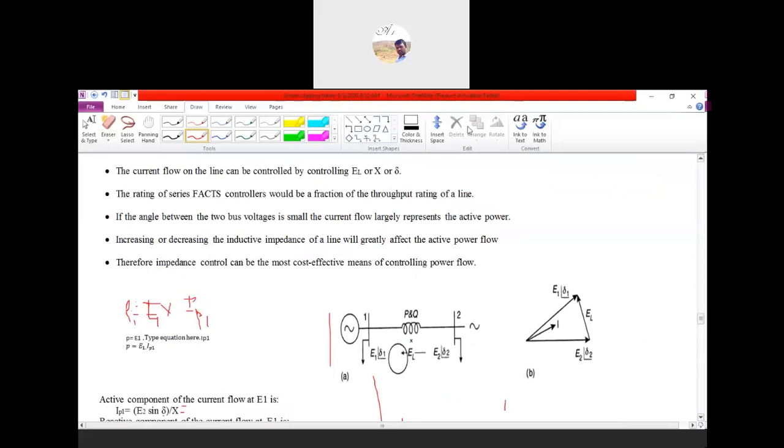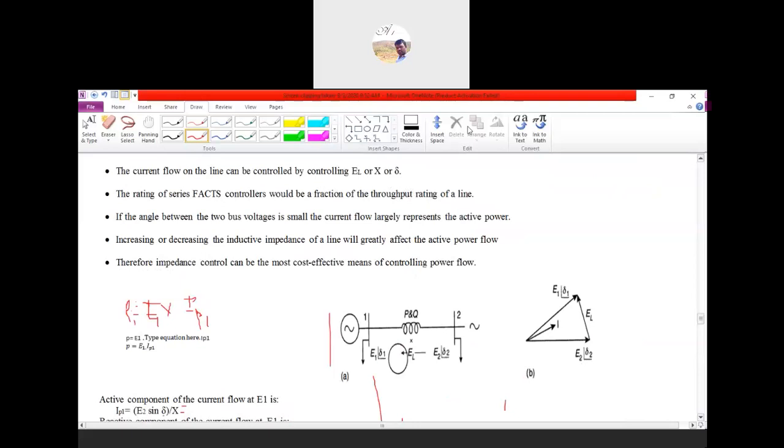The angle between E1 and E2 should be within the limit of 90 degrees. If you vary that, the power will increase and decrease, as shown here.